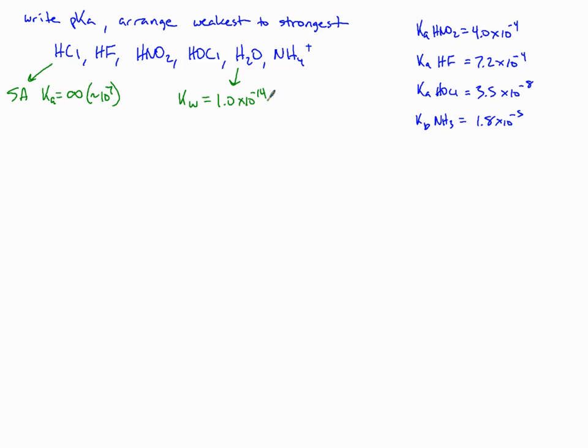Another helpful relationship from the AP sheet is that Kw is the product of Ka and Kb. And so if you want to know what Ka is, you would do 1 times 10 to the negative 14th divided by the Kb, which is kind of confusing. So let's back it up and see if we can figure this out a little bit better.